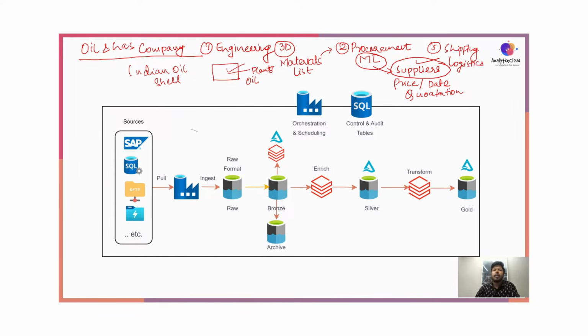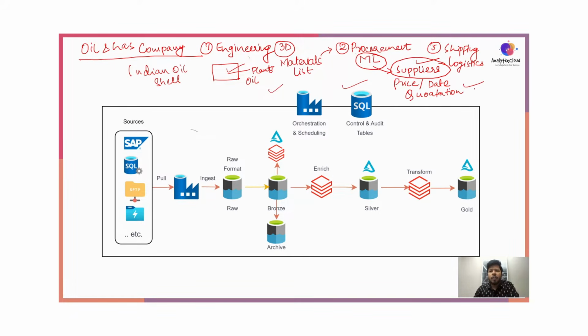All right. So basically, if you could see here, this is a typical scenario of a supply chain and how exactly it works. There will be an engineering team, there will be a procurement team, there will be a shipping team, right? So in order to perform any kind of analysis, first of all, we would be needing, as a data engineer, all the data from the engineering team, from the procurement team, and from the shipping team, right?